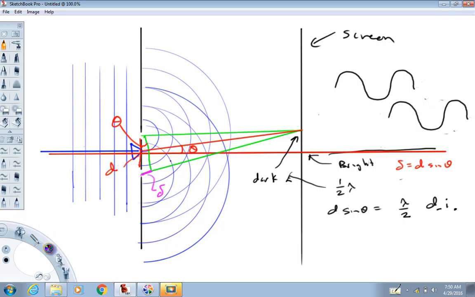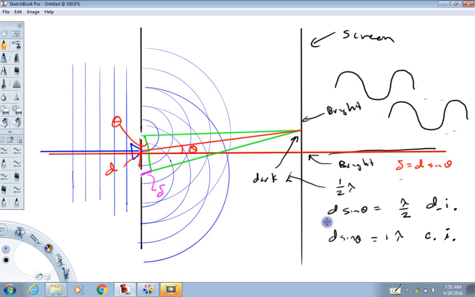So the path length difference, the delta here, the purple, is now equal to exactly one wavelength. I'll just put 1 times lambda. And at that point, we get constructive interference, and we get a bright spot. Right? And again, the delta can be written d sine theta.